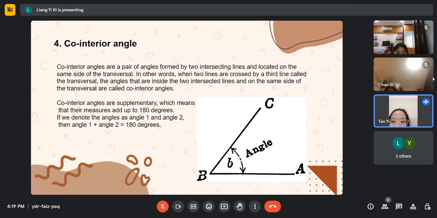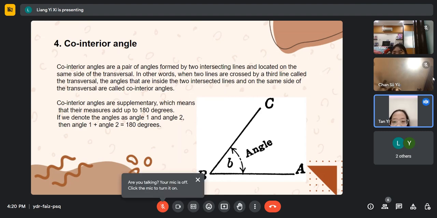Co-interior angles are supplementary, which means their measures add up to 180 degrees. If we denote the angles as angle 1 and angle 2, then angle 1 plus angle 2 is 180 degrees.